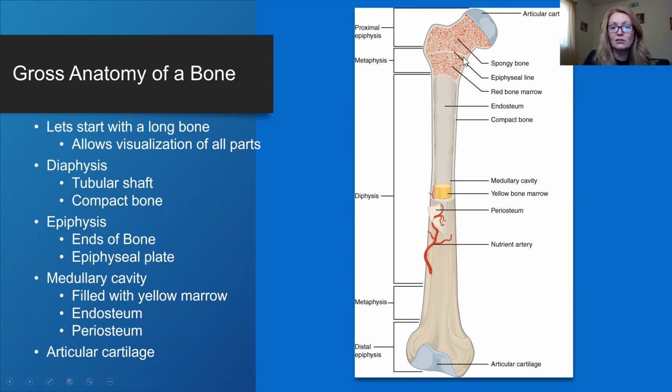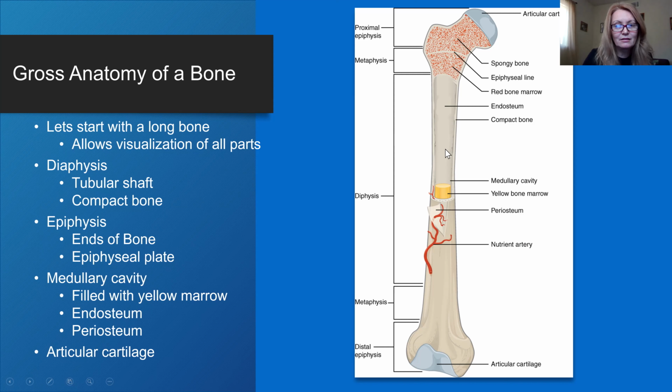This is where you have cartilage instead of bone, and the epiphyseal plate allows your bone to grow longer. On this diagram, however, we have an epiphyseal line instead of a plate, and that means this bone belongs to an adult. So when our epiphyseal plate disappears and becomes an epiphyseal line, we cannot grow taller anymore. That is a good thing, right?